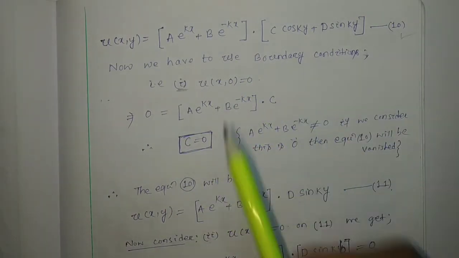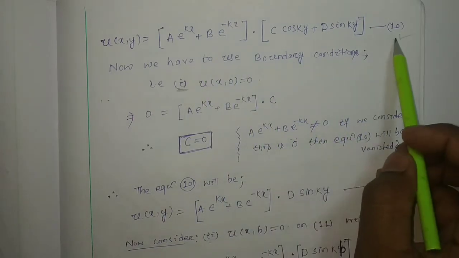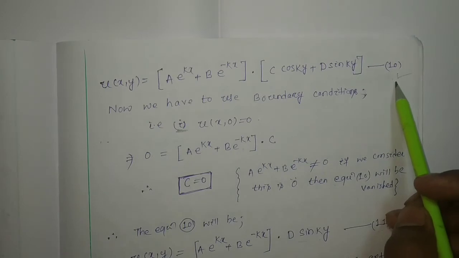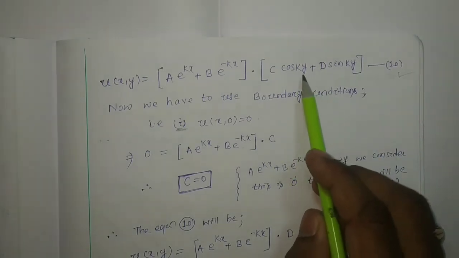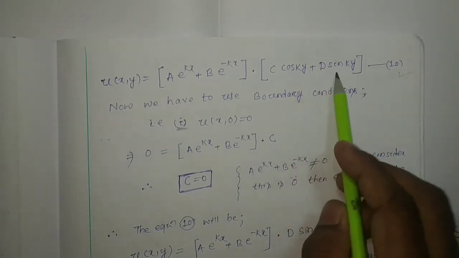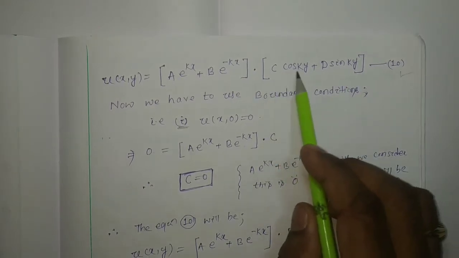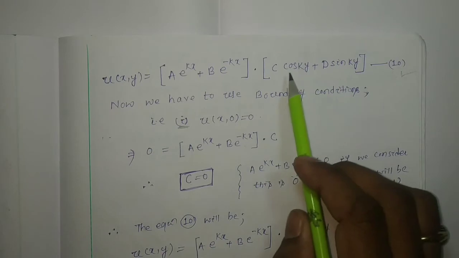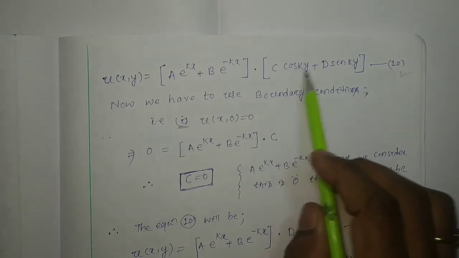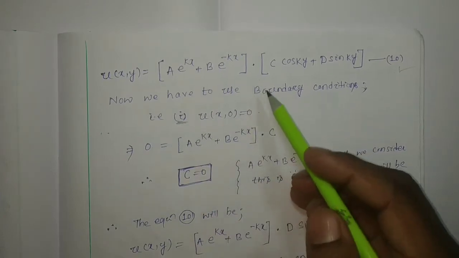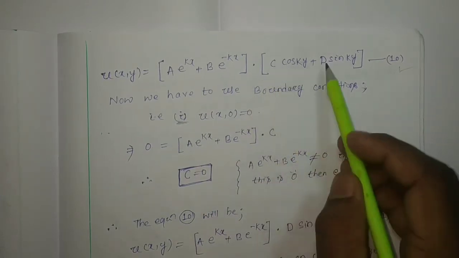So in the right hand side of your equation number 10, you can see that the y values are present here and here. So we are trying to change this term and this term. Whenever we change these terms with the help of the first boundary condition, that means we intend to find out the constants C and D, right?